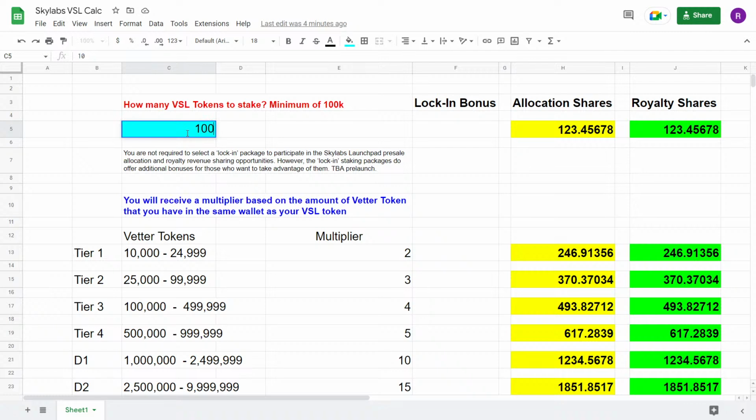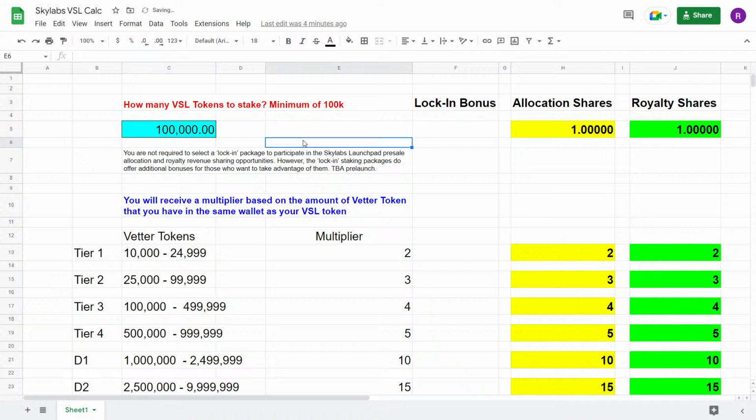We don't have the actual numbers, but let's just say that one allocation share is a 0.01 contribution. This is just for funsies. But 0.01 equals one allocation share.